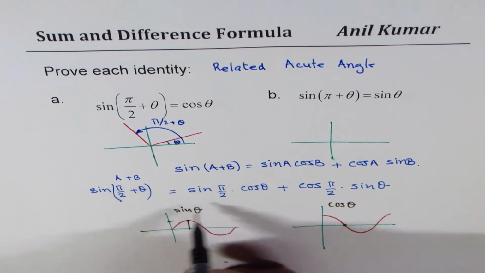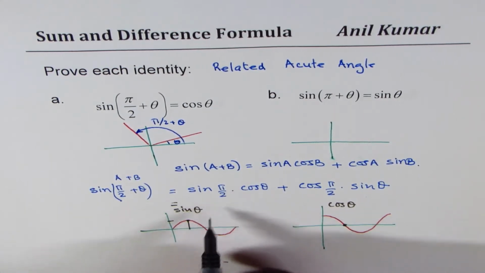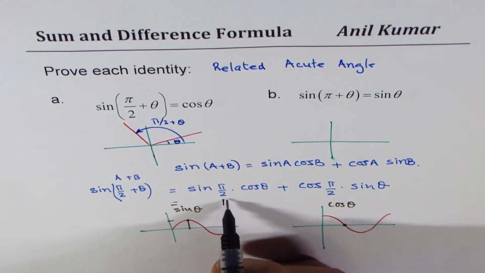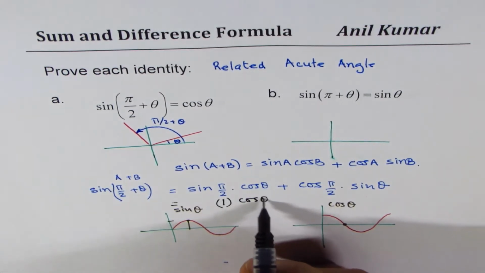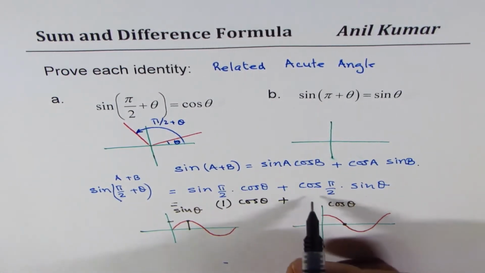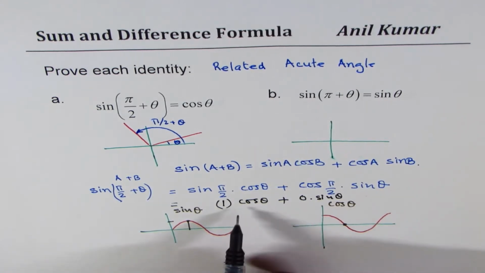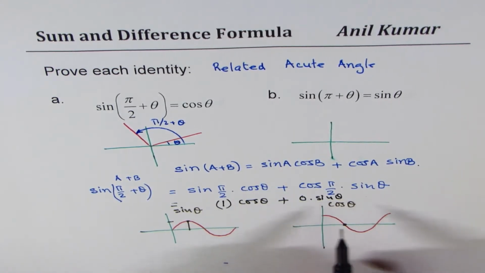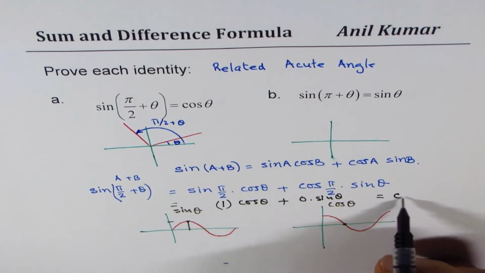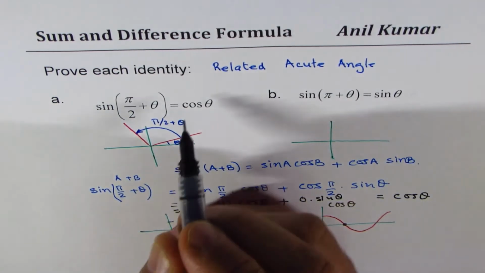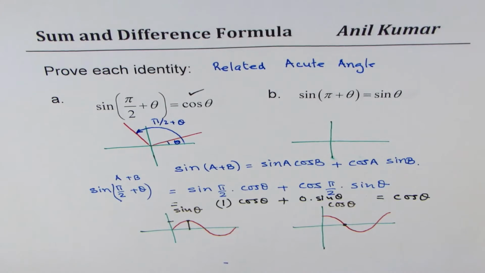Substituting these values here, what do you get? Sine pi by 2 is 1, so it is 1 times cos theta plus cos pi by 2 is 0, so you get 0 times sine theta. 0 times anything is 0, so what you really get is cos theta. So that is how you could prove this, correct?